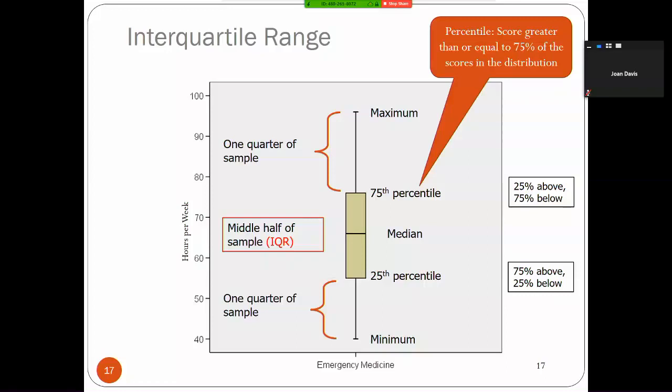The percentile, in this case, would be the score, about 78 hours per week, that's greater than or equal to 75% of the data in the distribution. Likewise, the 25th percentile is that score which is at or above 25% of the data in the distribution. So the interquartile range gives us the middle half of the distribution.